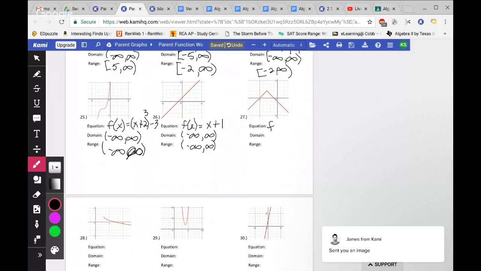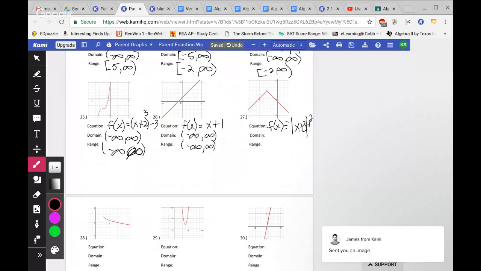And then this next one is an absolute value equation. Flipped. So it would be f of x equals negative absolute value of x minus 3 plus 2. Actually, it's going to be x plus 3. Oh, yeah, you're right. Yeah. Plus 2.